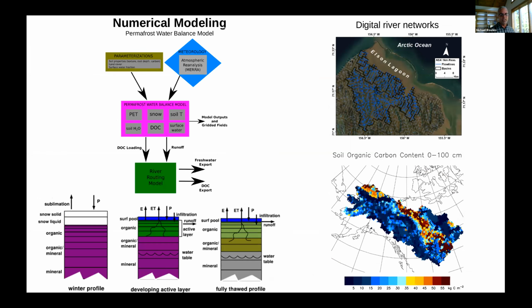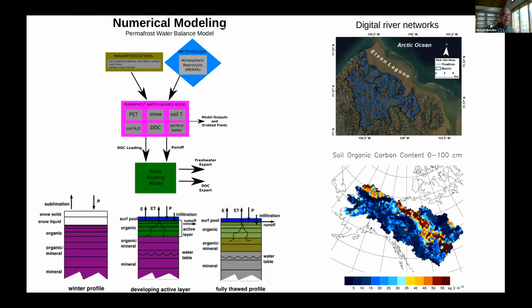We can also force the model with observations, for example, from Utqiagvik Airport, that I'll speak to in a moment. The model incorporates all the major elements of the Arctic water cycle. We've got a tracking of snow accumulation and melt, a physically based soil thermal module, soil water.